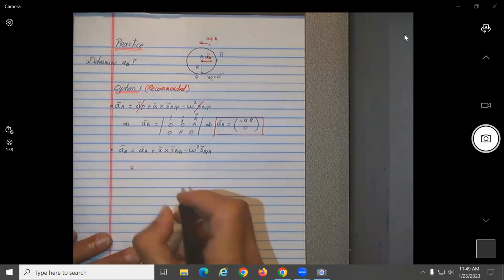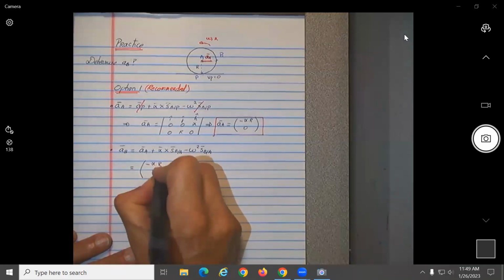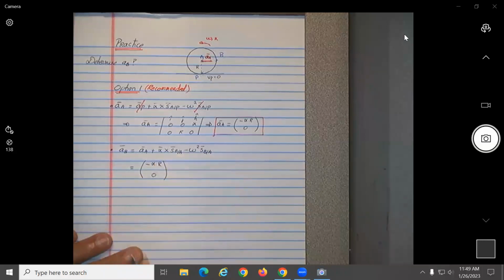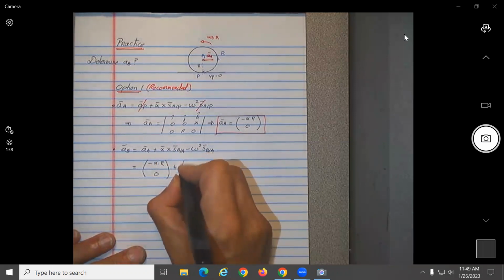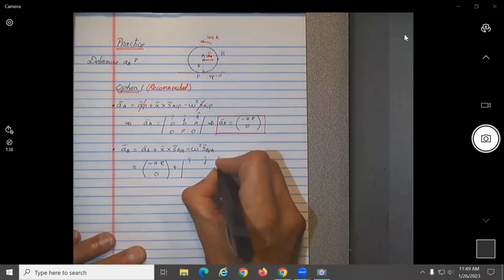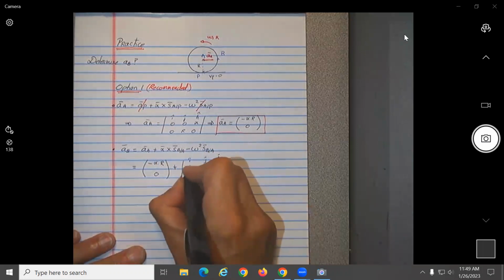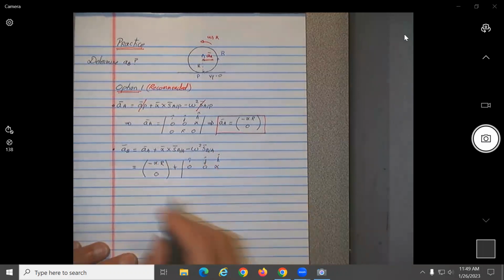What is the acceleration of point A? What we just saw, negative alpha R. Correct. Plus, we need to do the cross product again: I, J, K, 0, 0, alpha.